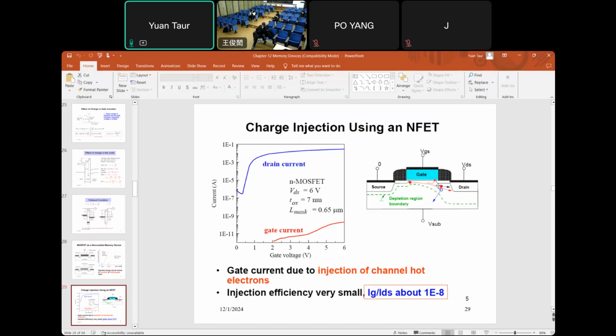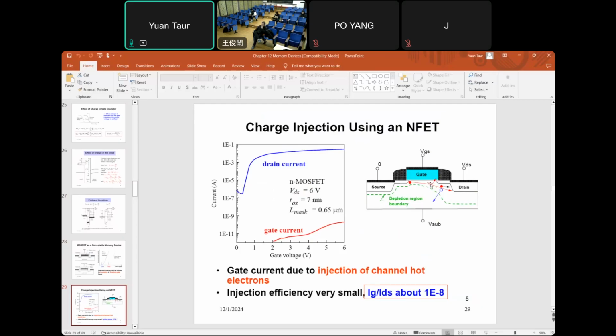We can see that for this device, the VDS is fixed at 6 volt, with oxide 7 nanometer. So this is very high voltage for that oxide thickness, and the MOSFET current is given by the blue curve, but there's also gate current.